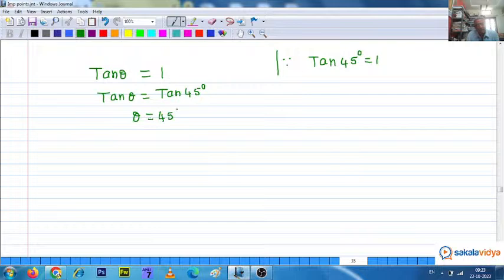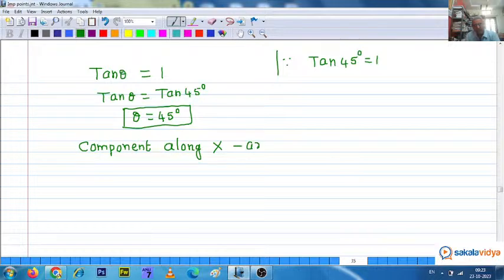That means the direction of the resultant is 45 degrees, so easily we can find out the components. Now what we need to find out here is the component along the x axis, or you can say the horizontal component, along the x axis, that is equal to F times cos theta.